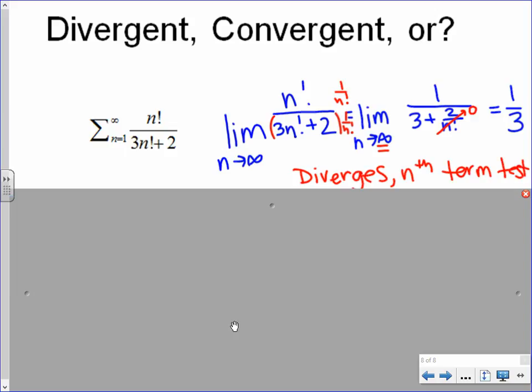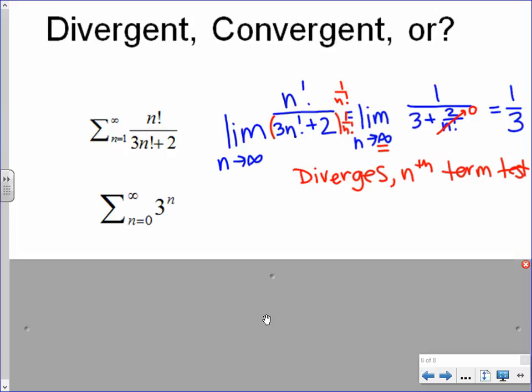And you're going to show me that you found the limit to not be 0. Okay, so we found the limit. It's not 0. So then we write it diverges by the nth term test. I need to see all of that work. Next.